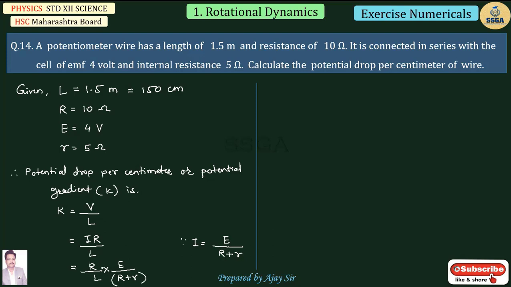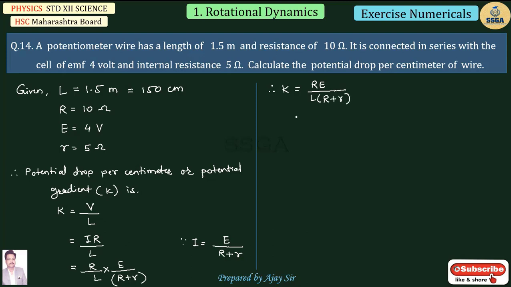Therefore the potential gradient K is equal to R into E divided by L into capital R plus small r.